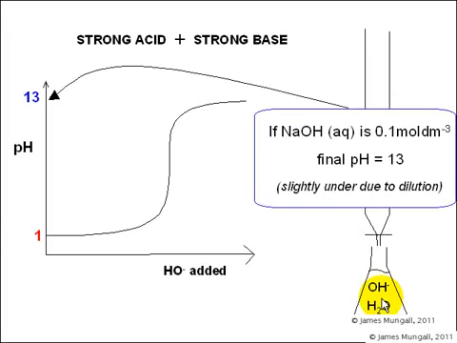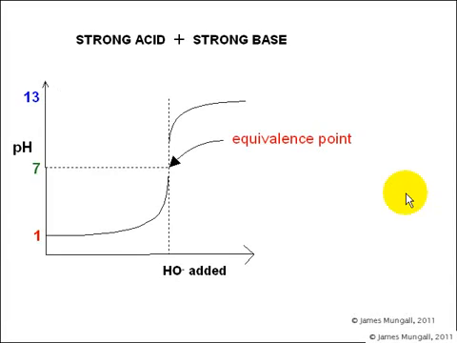If the sodium hydroxide is 0.1 mole per decimeter cubed as well, then the final pH will be about 13. In fact, it'll be slightly less due to the dilution by the water which was formed during the reaction. The equivalence point is the point at which all of the H+ has just been neutralized, i.e. when the amount of OH- added matches the amount of H+ that was originally in the conical flask.